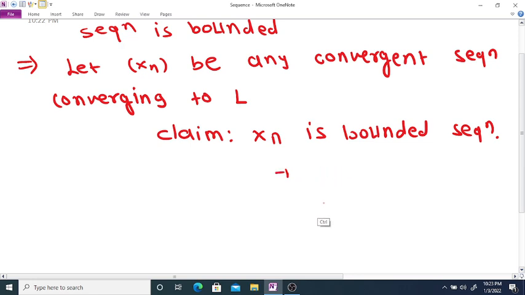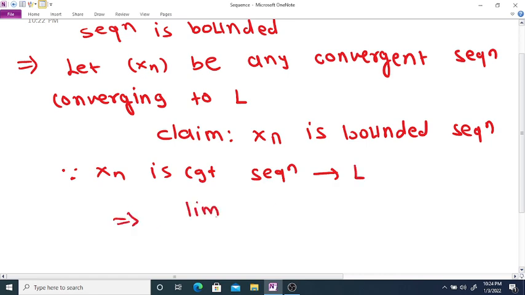Now since xn is a convergent sequence and converges to L, this implies the limit as n tends to infinity of xn is equal to L. The limit exists.